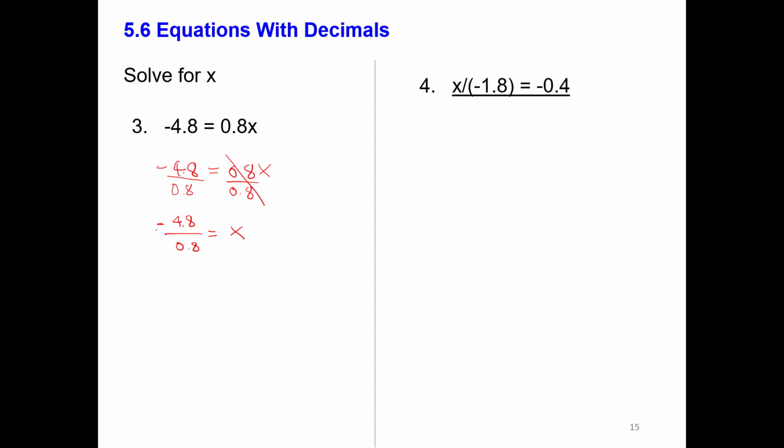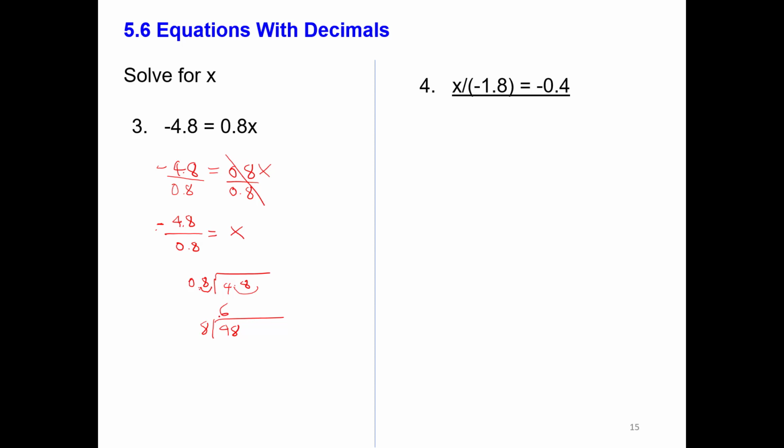What we need to solve is negative 4.8 divided by 0.8. If we have decimals in the denominator, we need to move the decimal point to the end. Then we need to divide 48 by 8. How many 8s in 48? 6.